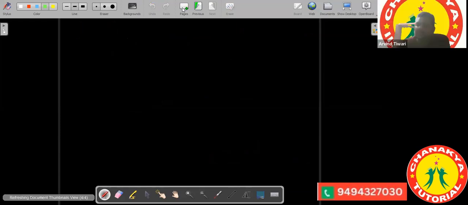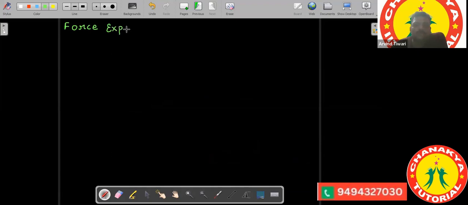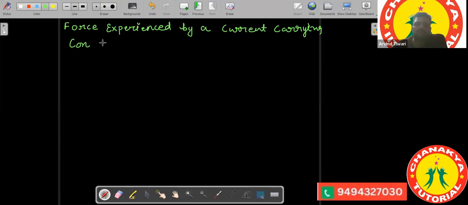Okay, so our new concept is force experienced by a current carrying conductor in a magnetic field.